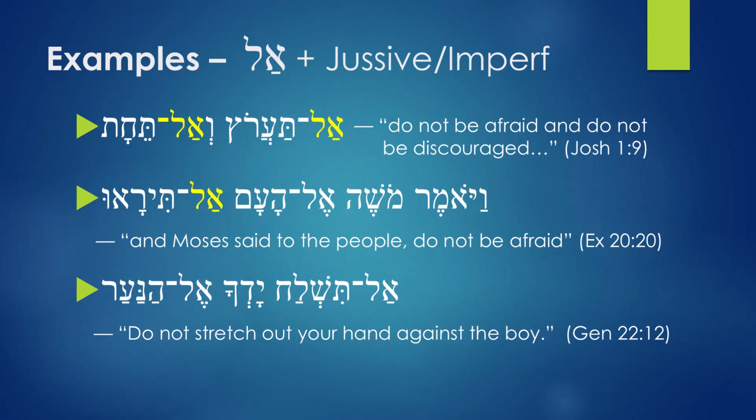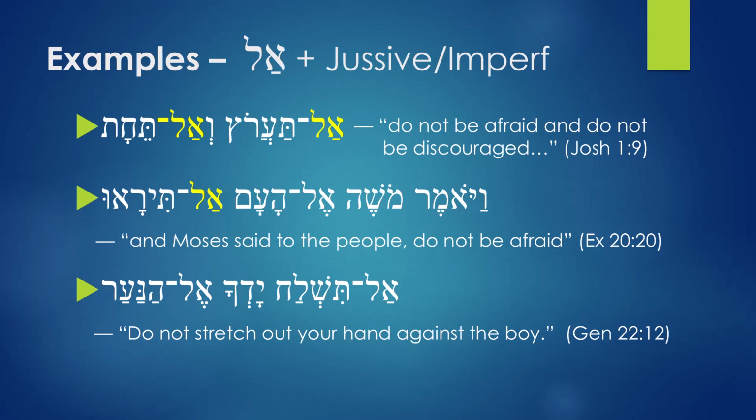All right. Another one we have, Wayomer Moshe El Ha'am Au Tirau. You have the negative particle au on the verb tirau. Tirau is imperfect. So again here, because you have au plus imperfect, Hebrew is giving a temporal situational command, a situational prohibition.